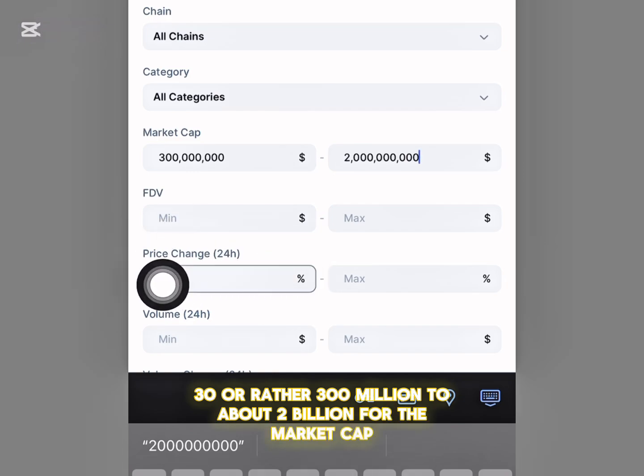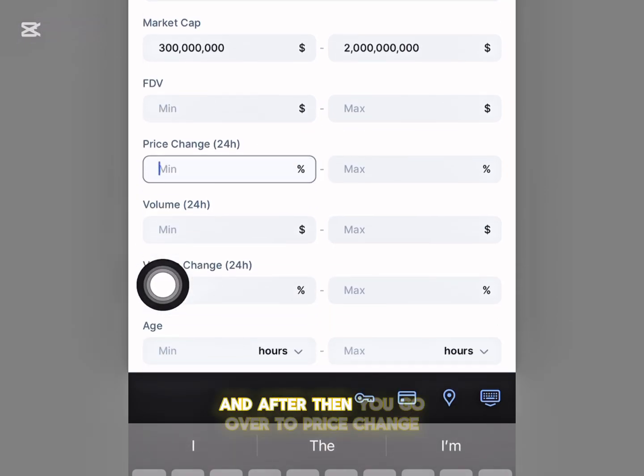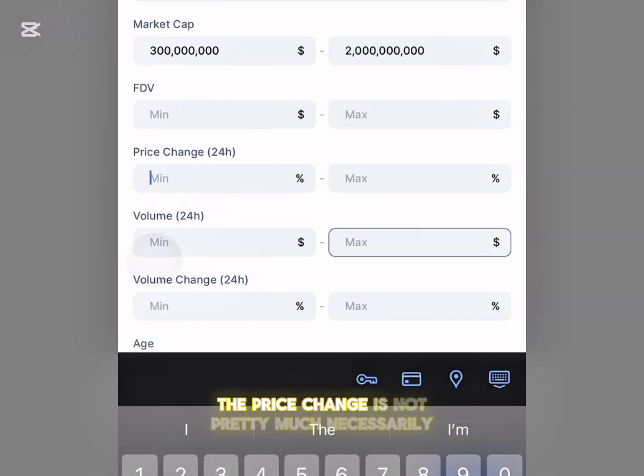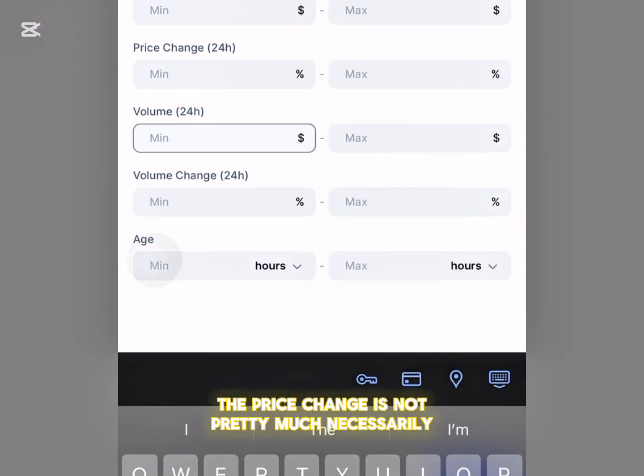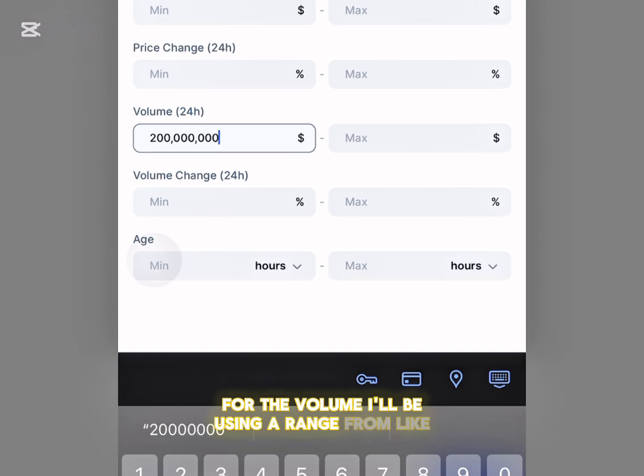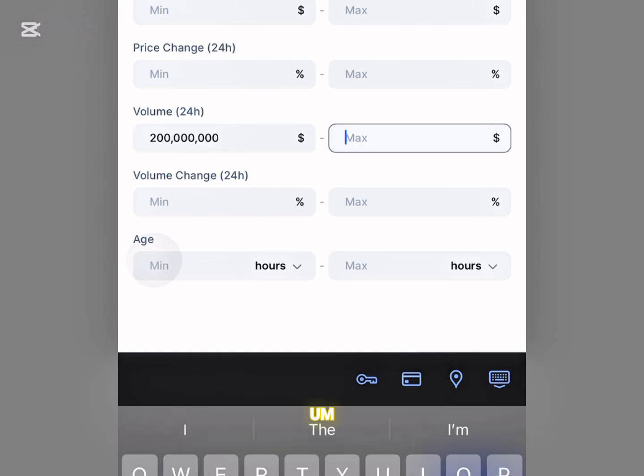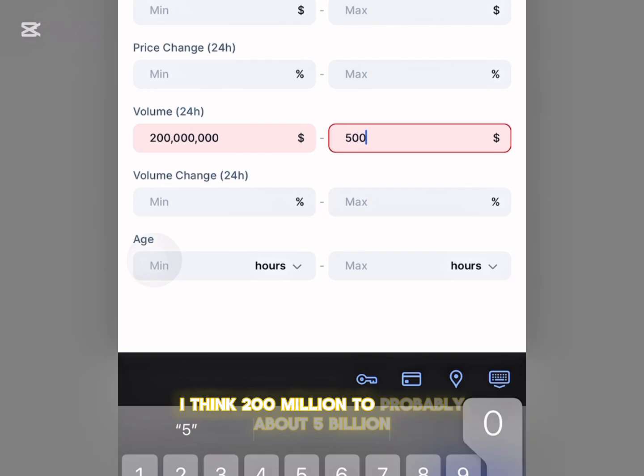After then, you go over to price change. The price change is not necessarily needed, so let's head over to volume. For the volume, I'll be using a range from about 200 million to about 5 billion.